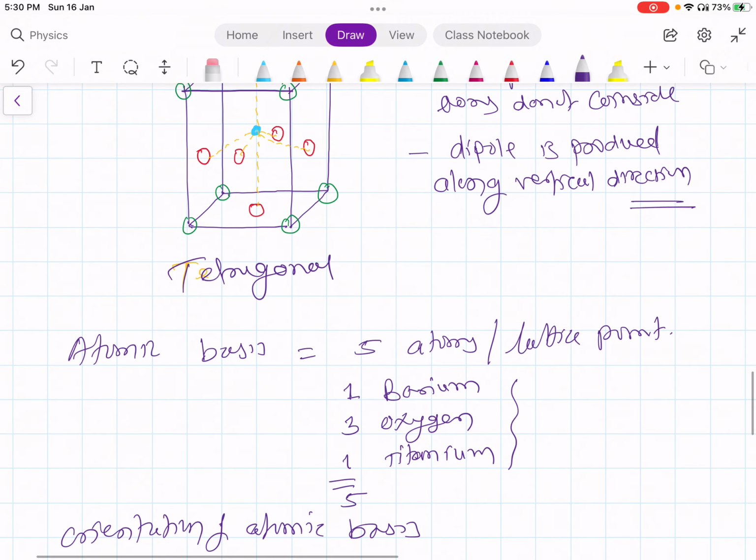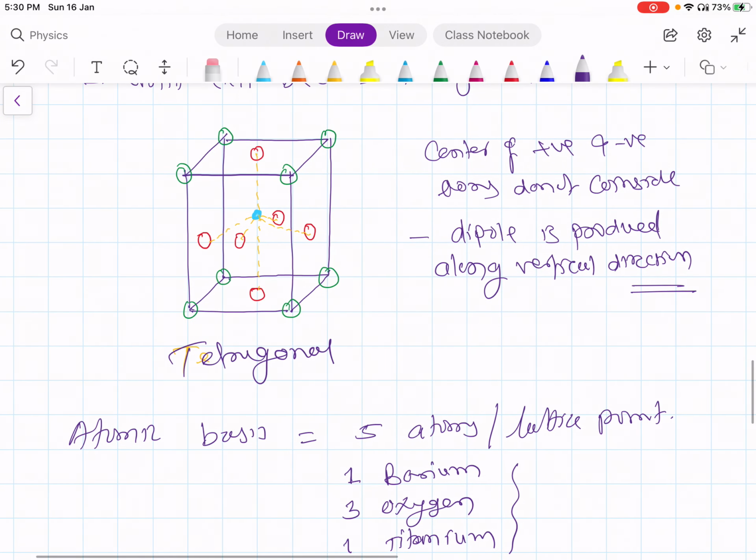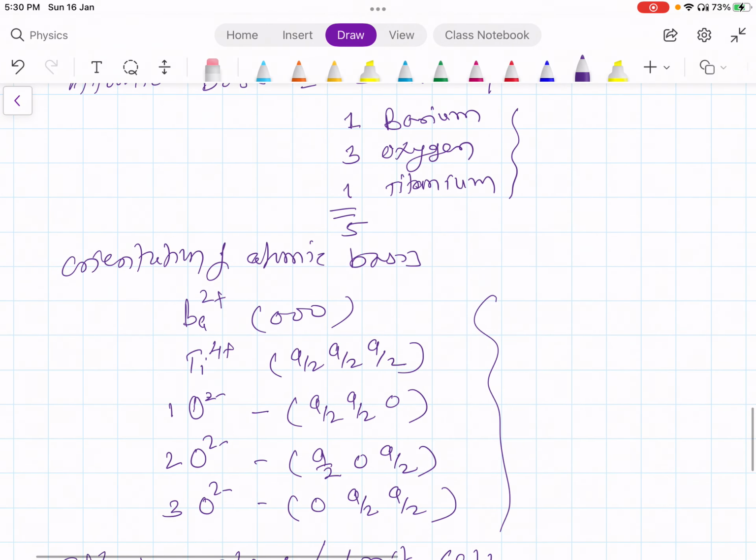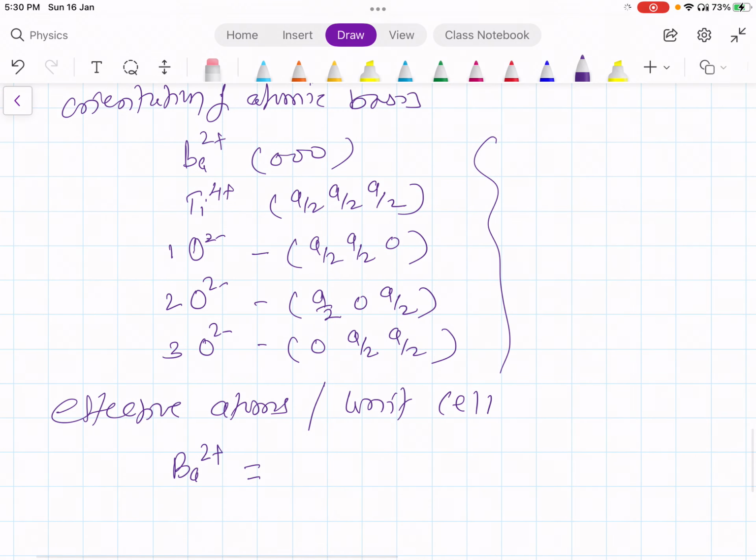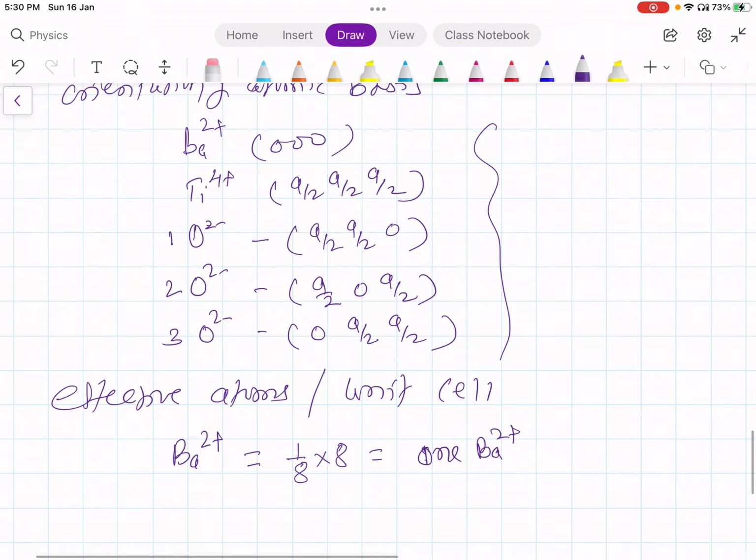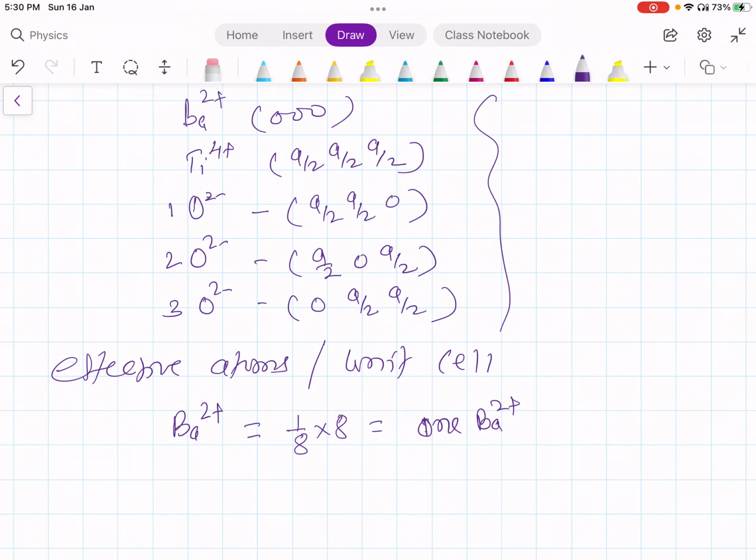See the unit cell? At the eight corners of the unit cell, barium ions are there. So its contribution is 1/8 into 8, that is equal to 1 barium ion. Then oxygen. Oxygen ions are at FCC position.